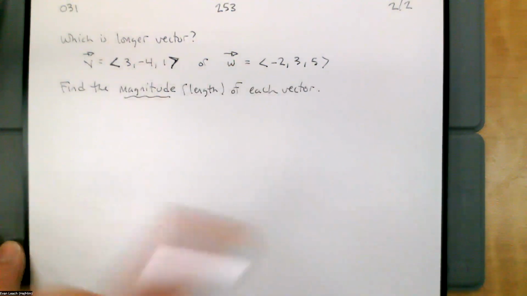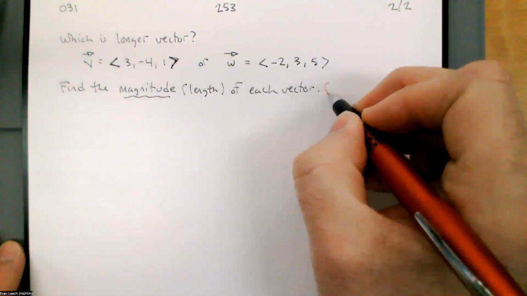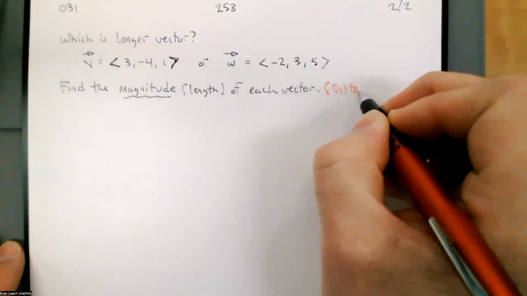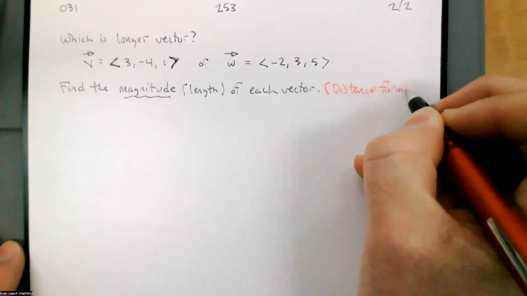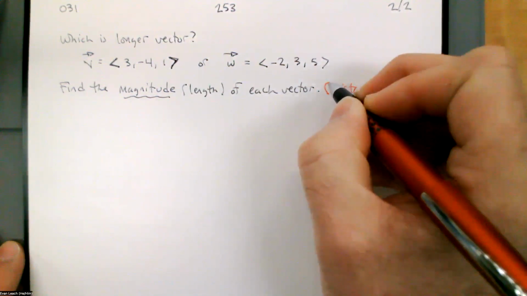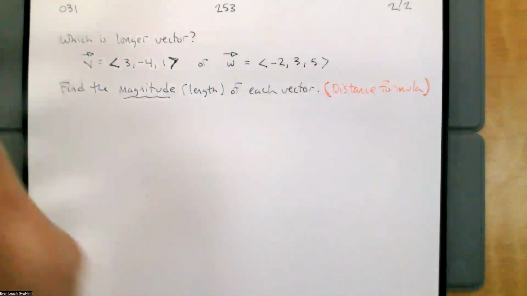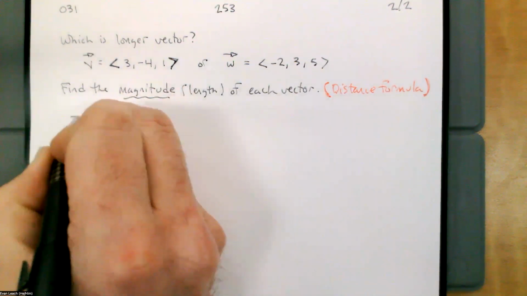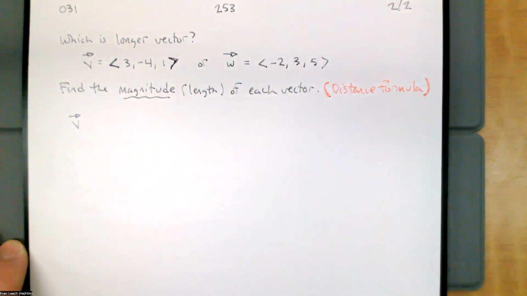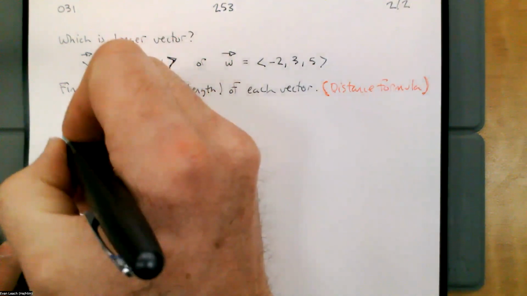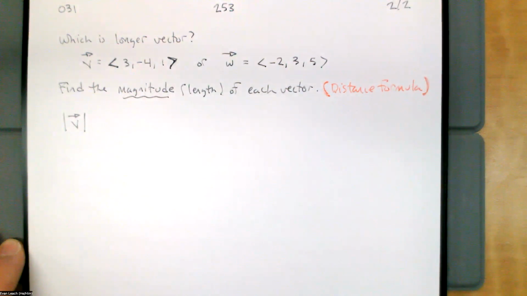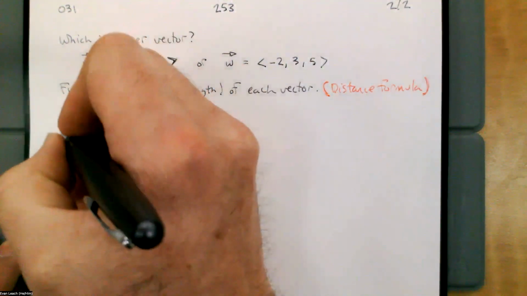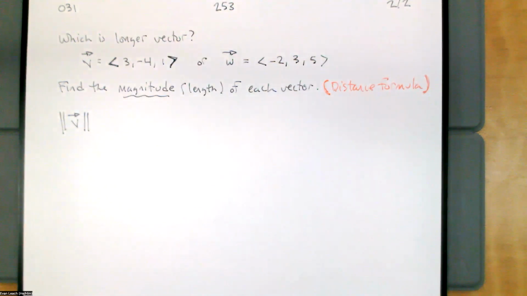For this, the tool that we need is the distance formula. We're also going to need some notation because this is math class and we love some notation in math class. For the magnitude of a vector, we write the vector's name and then we put not one absolute value, although that would get the point across. We put 2. So that double absolute value symbol, that's our notation for the magnitude of the vector, or the norm of the vector.